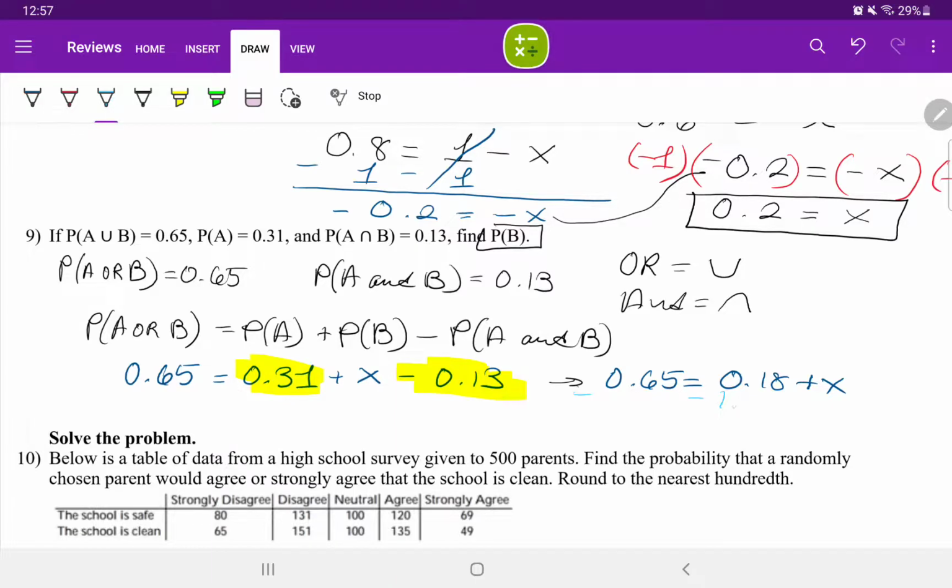Subtract both sides by 0.18. 0.47 equals X. And that is the probability of B.